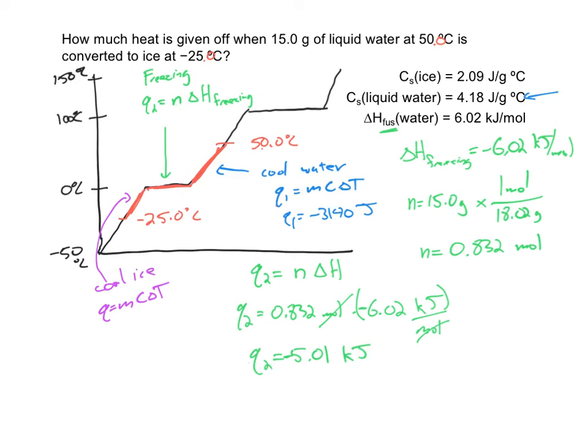And so kilojoules to joules, I need to multiply by 1,000, and so I have negative 5,010. I'm sorry, I misspoke there. Not kilojoules, I converted it to joules.